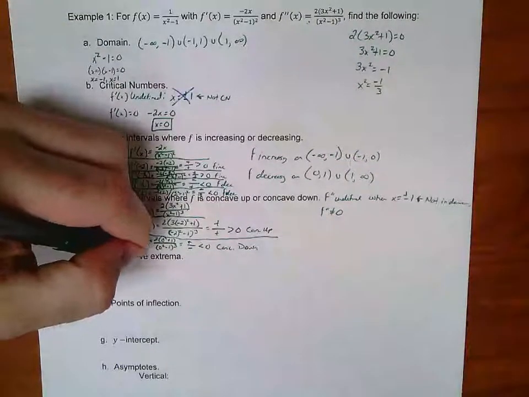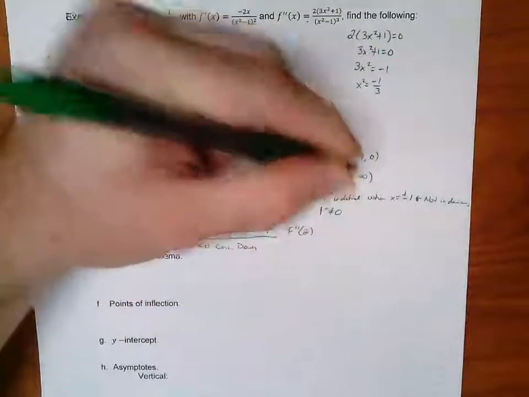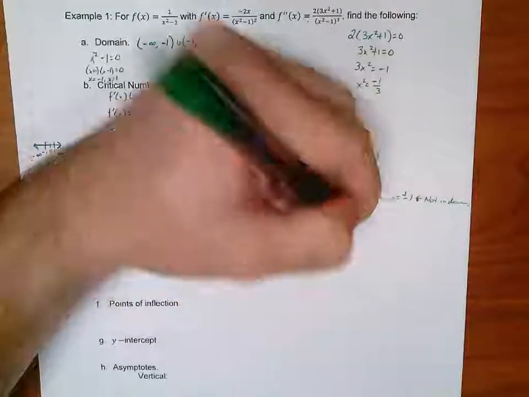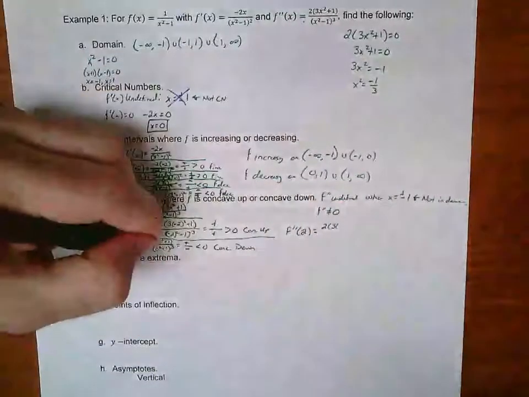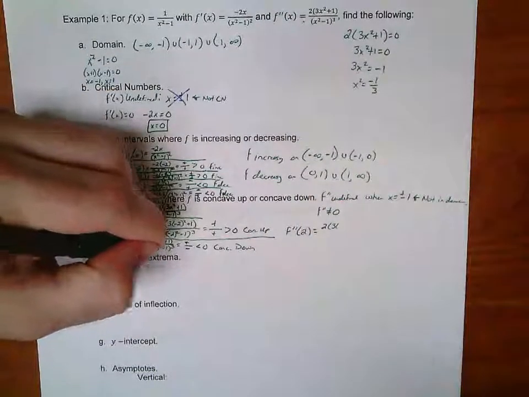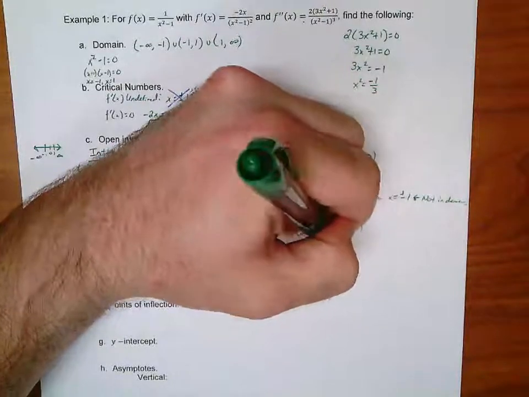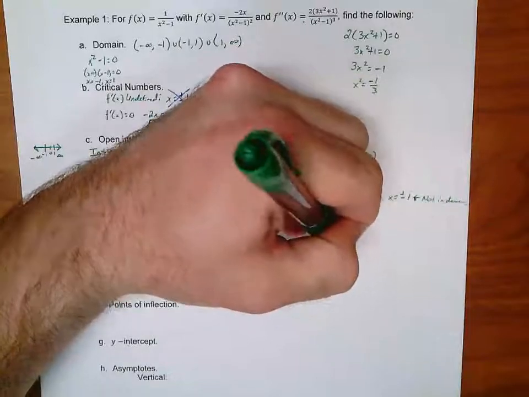And then my 2, I'm running out of room there, so I'm going to write it up here. f double prime of 2. So that's going to be 2 times 3 times 2 squared plus 1 over 2 squared minus 1 to the third power.